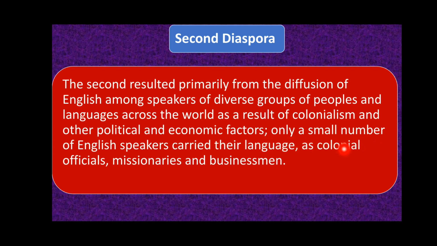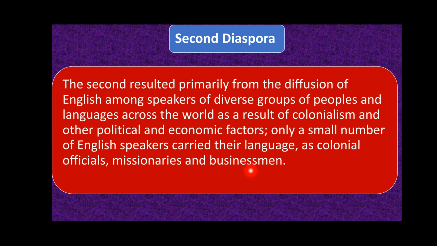Only a small number of English speakers carried their language as colonial officials, missionaries, and businessmen. So there were administrators, missionaries, and businessmen, and along with these people, there were also educators. These people carried English with them.